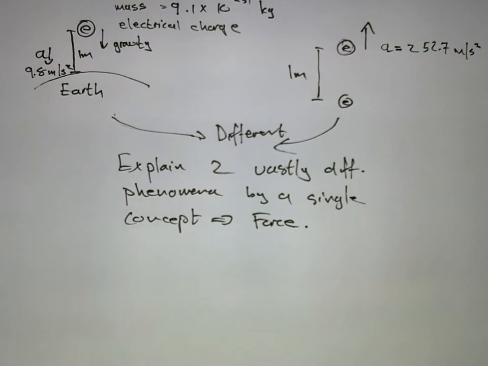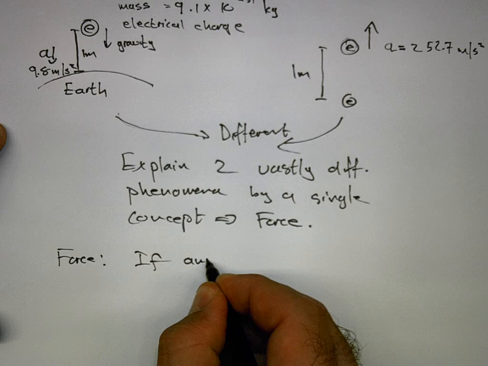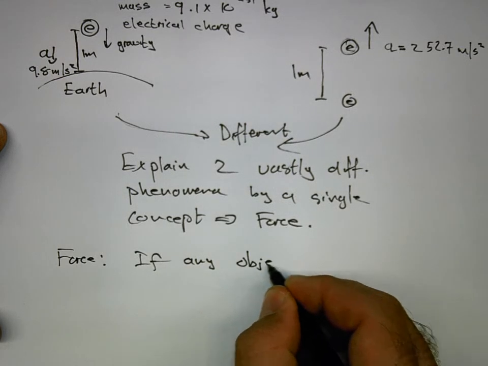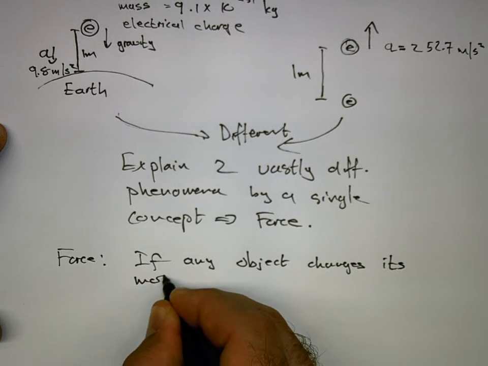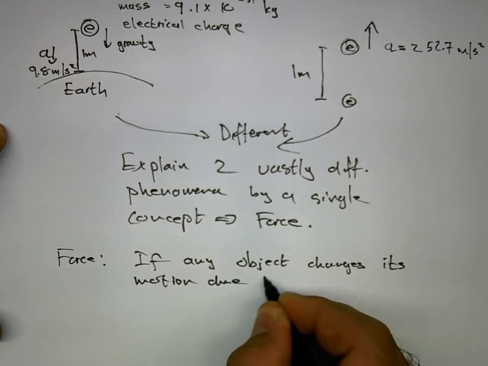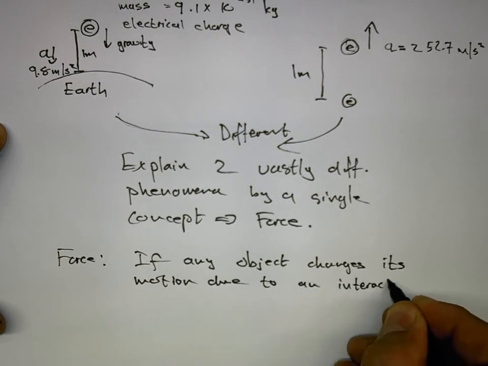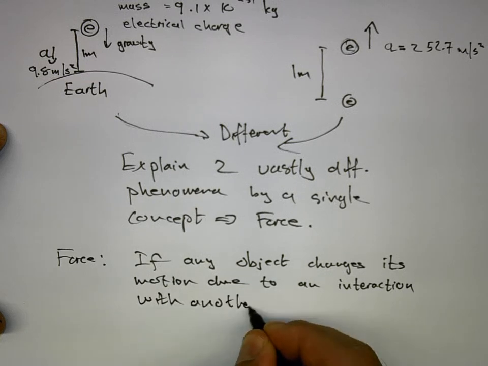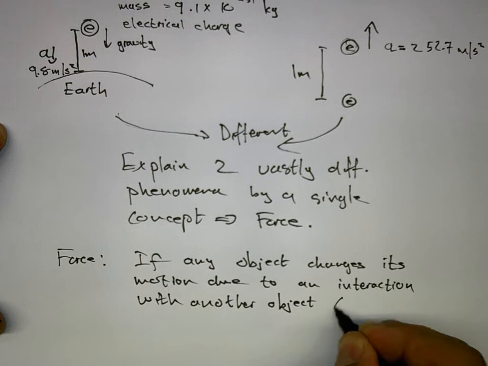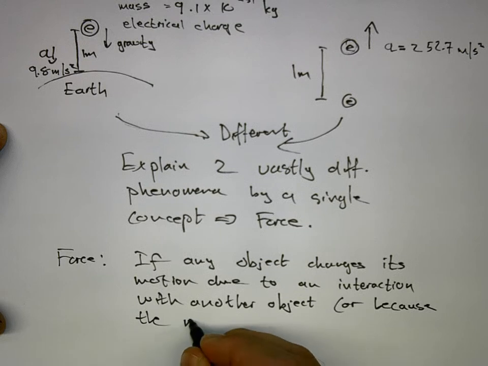And the kind of unofficial definition of a force that I'm going to be using throughout is: a force is if any object changes its motion due to an interaction with another object, or because of the removal of that interaction.